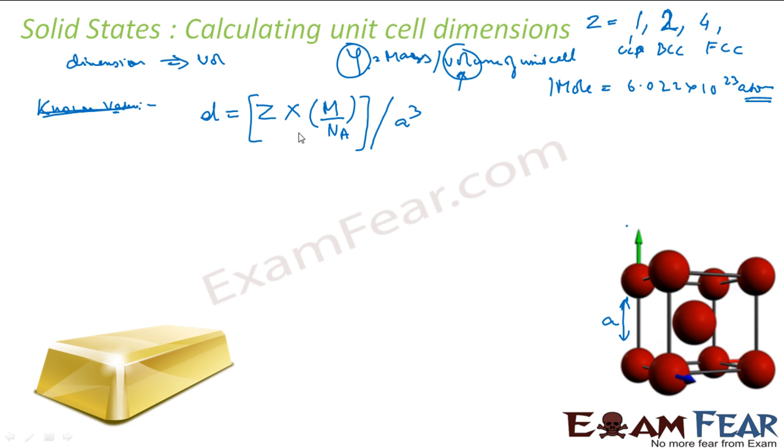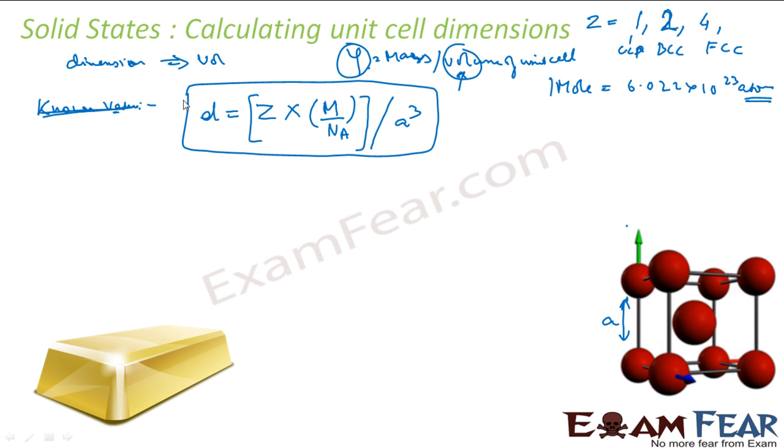Mass is nothing but Z, which is the number based on the type of packing, into the mass of one atom, that is molar mass by Avogadro number, divided by volume of unit cell, that is A cube. This is the formula I have derived. Correct? And this is a very critical formula. Please remember, density is equal to Z M by Na into A cube.